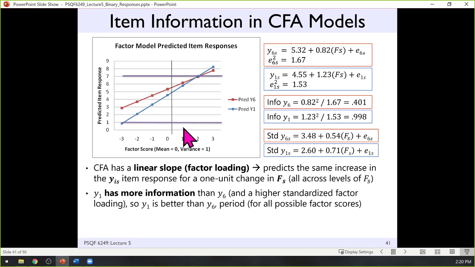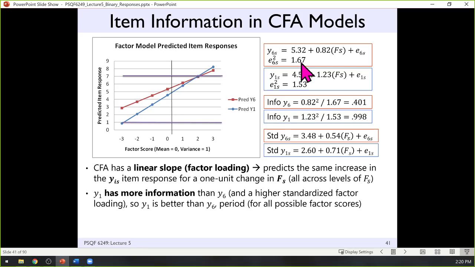I've got the unstandardized solution here for item 6 on the top. It has an intercept of 5, so at a factor score of 0, that's the expected item response. 0.82 is the slope, the change in the item response for a 1-unit change in the factor, so per standard deviation. And it had an error variance of 1.67. Same information for item 1.